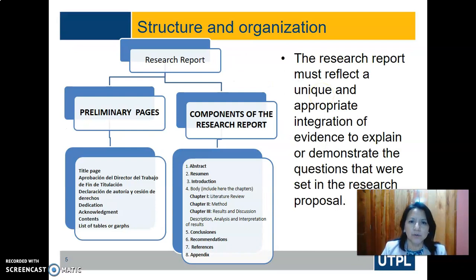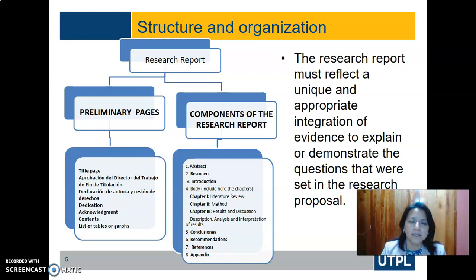Regarding the structure and organization of the research report or the thesis, you have to be very clear and keep in mind that each institution may have a specific format to provide students.